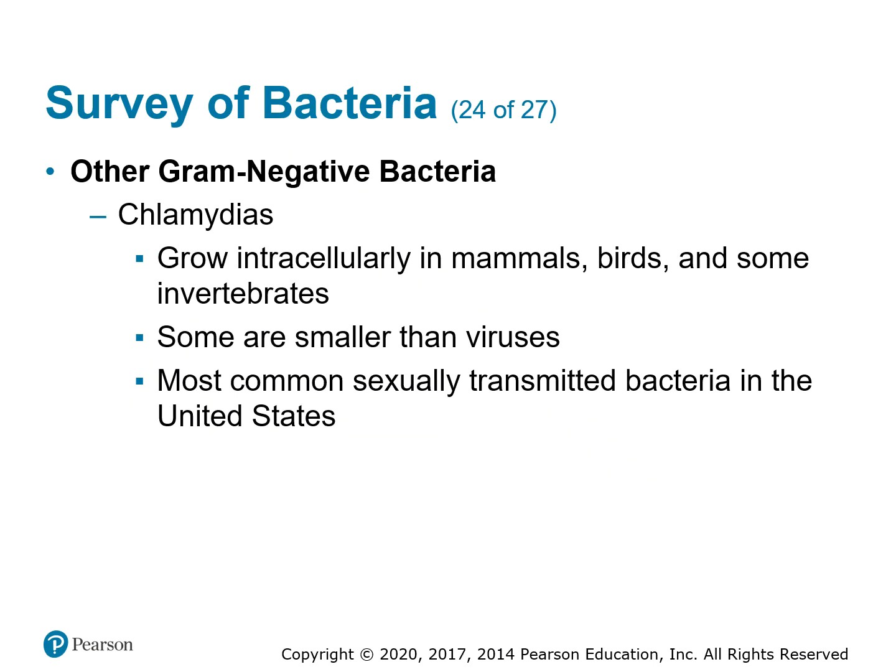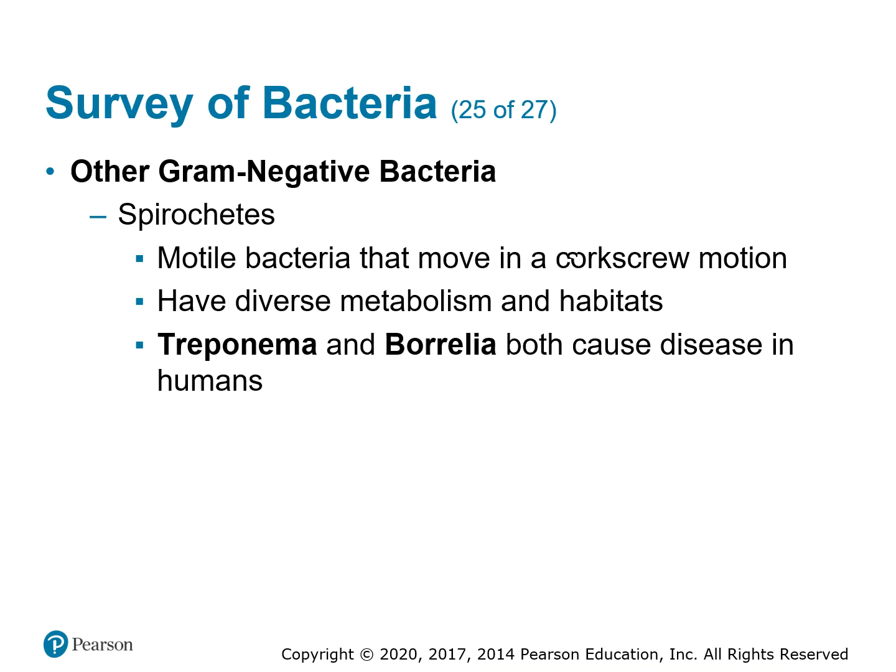Some other gram-negative bacteria you will want to be aware of are the chlamydias. These grow intracellularly, so inside of a cell, in mammals, birds, and some invertebrates. Some are smaller than viruses, and they are the most common sexually transmitted bacteria in the U.S. The spirochetes, these are motile bacteria that move in a corkscrew motion.